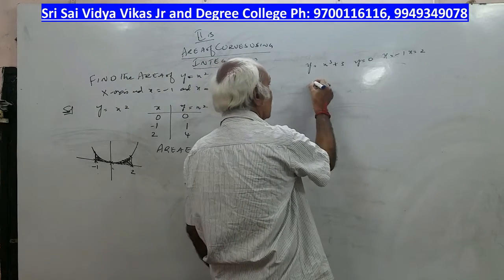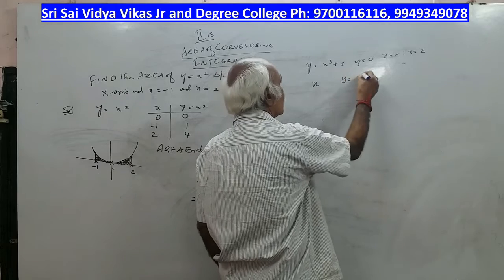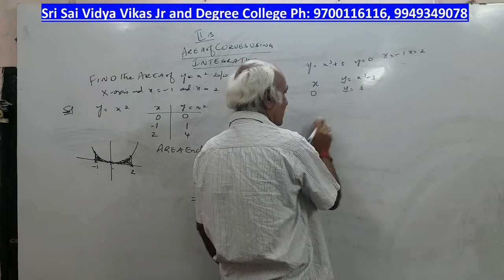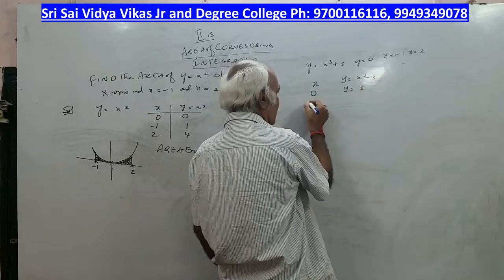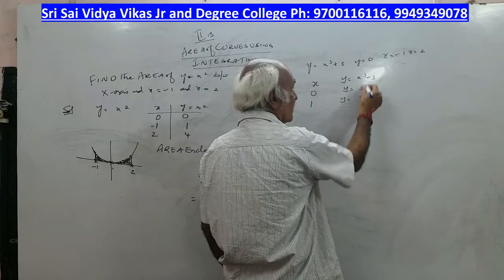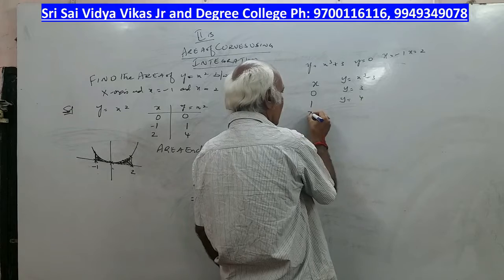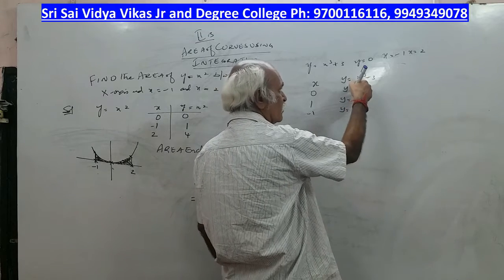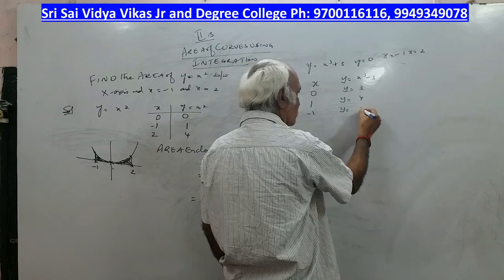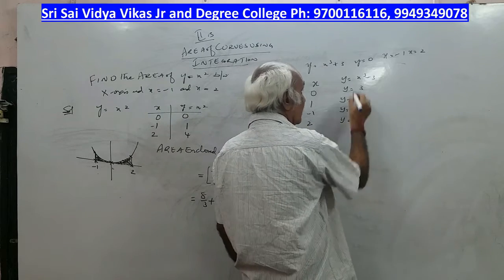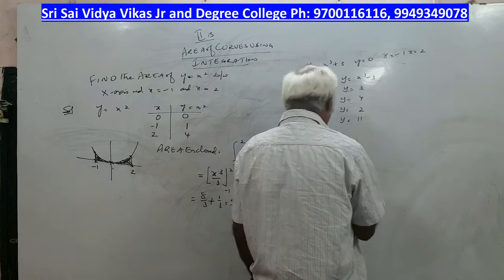Again, put x is equal to 0, y will be 3 because 0 plus 3 is 3. X is equal to 1, y is equal to 1 plus 3, 4. X is equal to minus 1, y will be minus 1 cube, minus 1, plus 3, so 2. X is equal to 2, then this becomes 8 plus 3, 11.